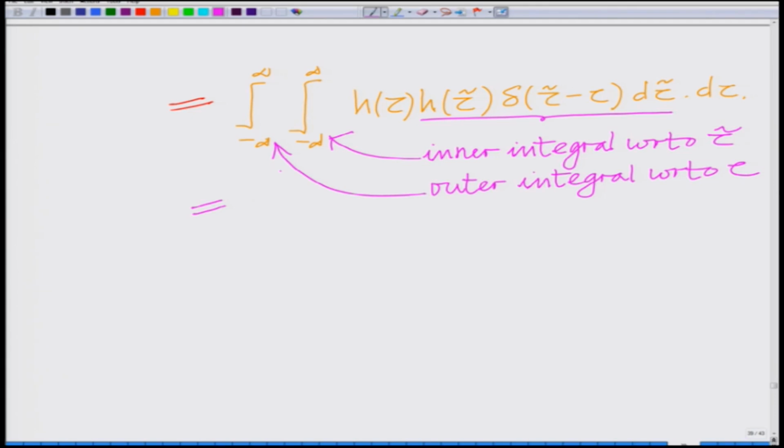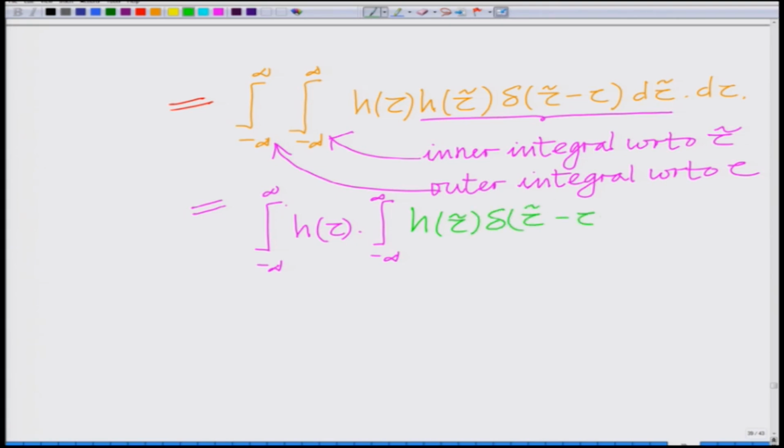So, I can move h(τ) into the outer integral, from minus infinity to infinity. Now, the inner integral will be h(τ̃) δ(τ̃ − τ) dτ̃, whole thing into dτ. Okay. So, two integrals, separating it into inner integral and outer integral.